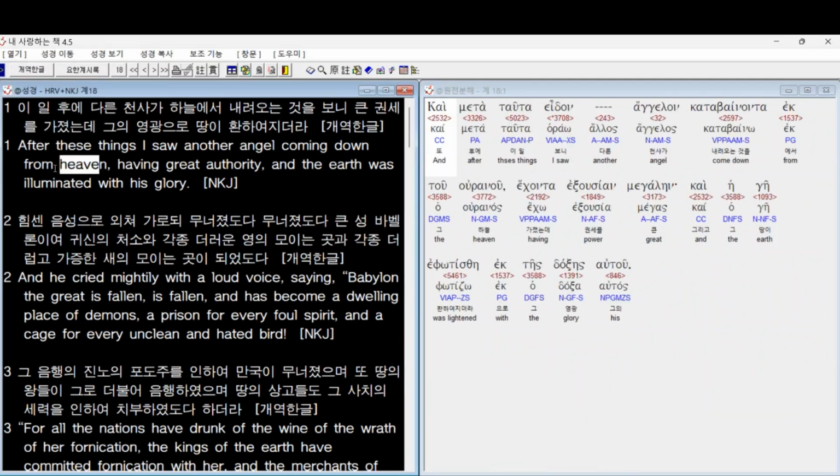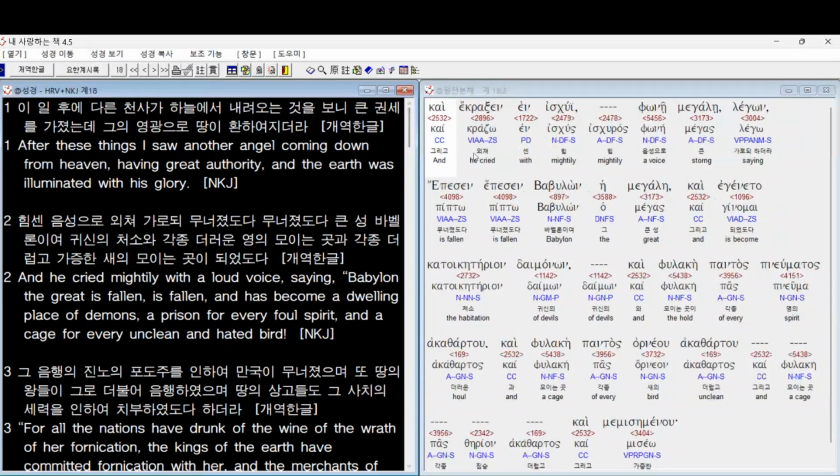A messenger coming from heaven, seventh day man, having great authority. And the earth was lightened out of his glory, right? So he cried out in a great, mighty voice, saying, Fallen, fallen, Babylon the great. And Babylon became a habitation of demon living. And phulake is the prison. So New King James Bible is doing a good job.